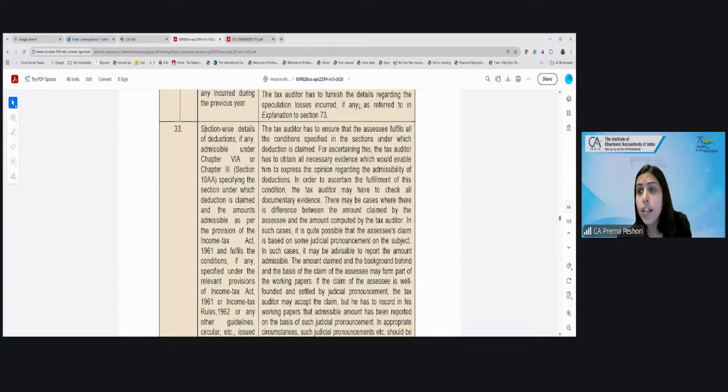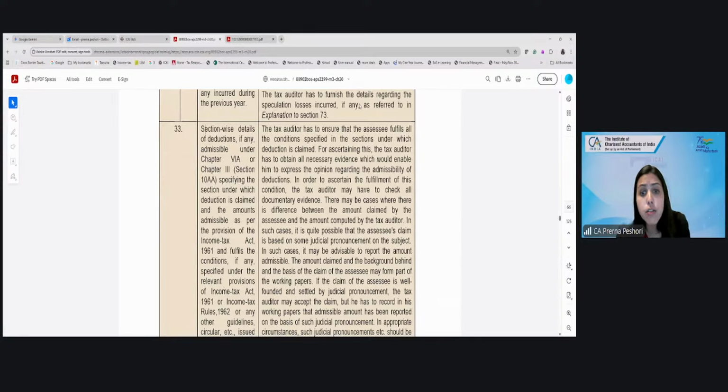And he has to also see whether, if the deductions are claimed under 80IA, 80IB, 80IC, 80JJA, a separate audit report is required to be issued. Because under that particular section, the assessee has to obtain the audit report with reference to that section also, in respect of the undertaking for which these deductions are claimed. So the tax auditor should also refer to the audit reports for those particular sections. Because if you are claiming 80IA, 80IB deduction, you need to also obtain the audit report with respect to the deduction claimed for that specific undertaking.